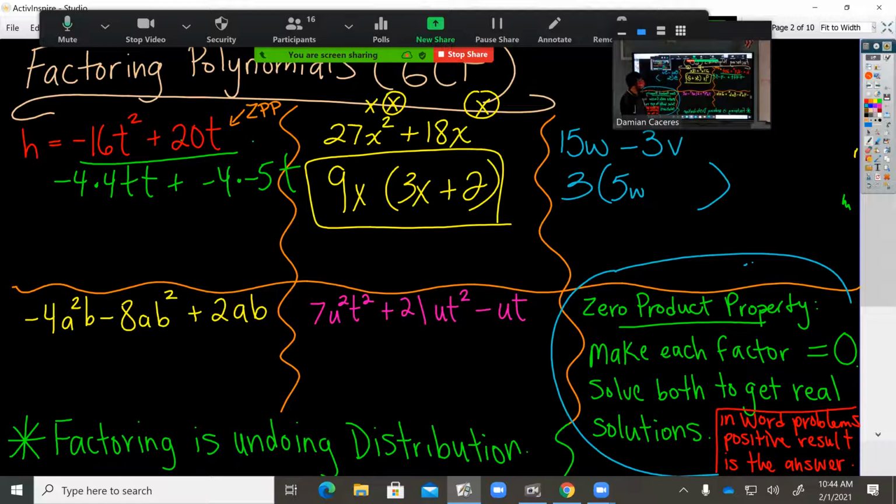Now, 3 times what is negative 3V? Negative 1V. Obviously, the one I don't write because it's not supposed to be written. So far, so good. Any questions on that one?